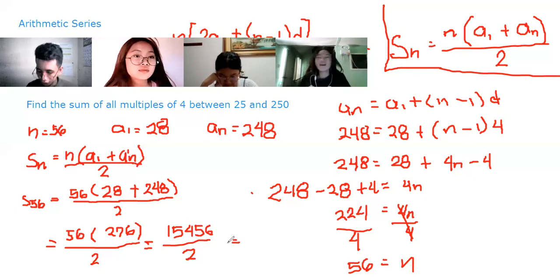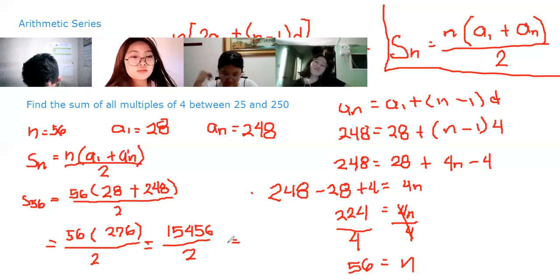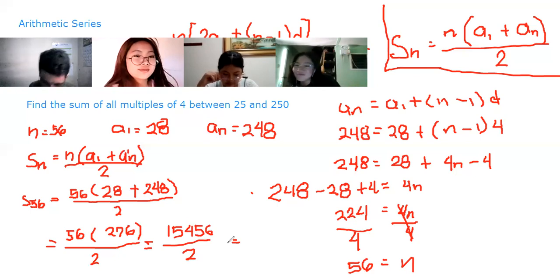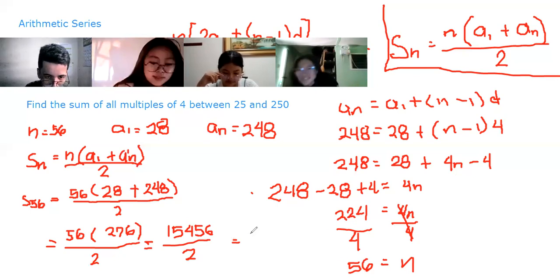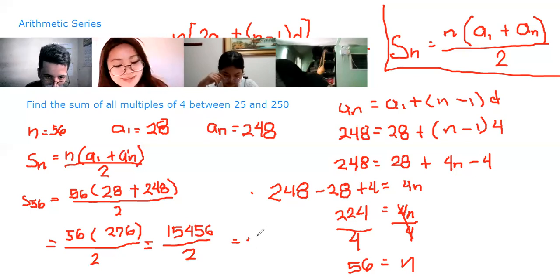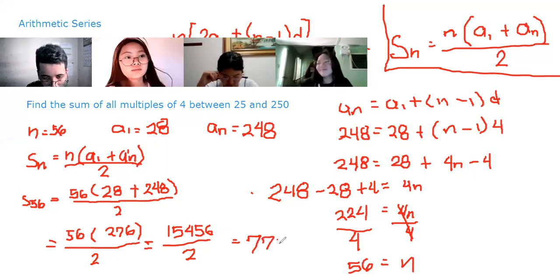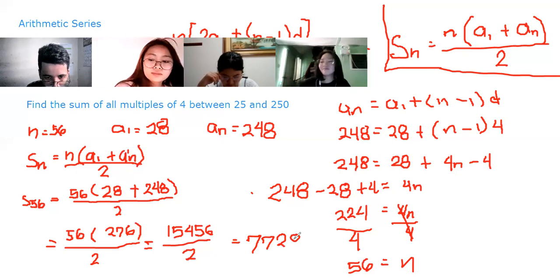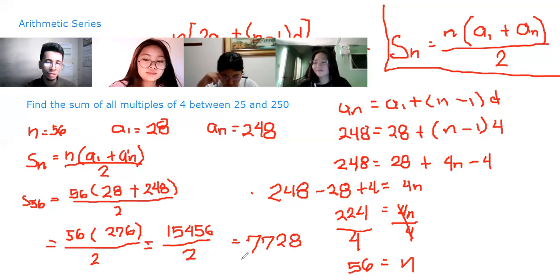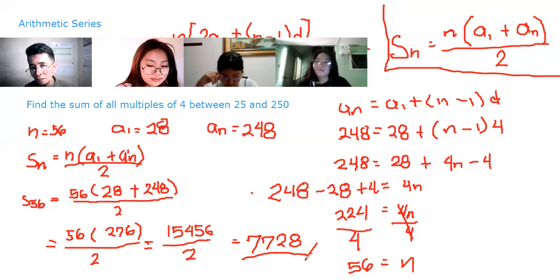It will be 7,728. So, this will be the sum of all multiples of 4 between 25 and 250.